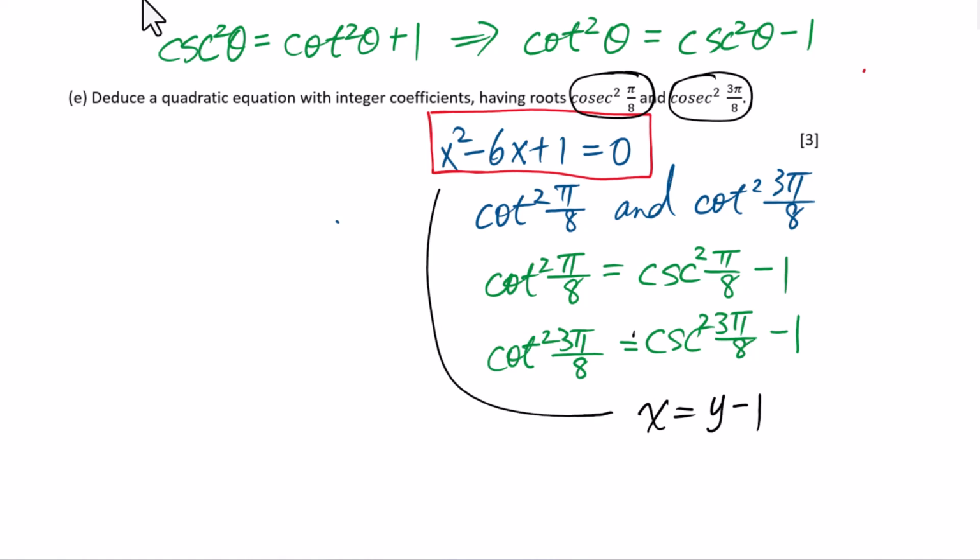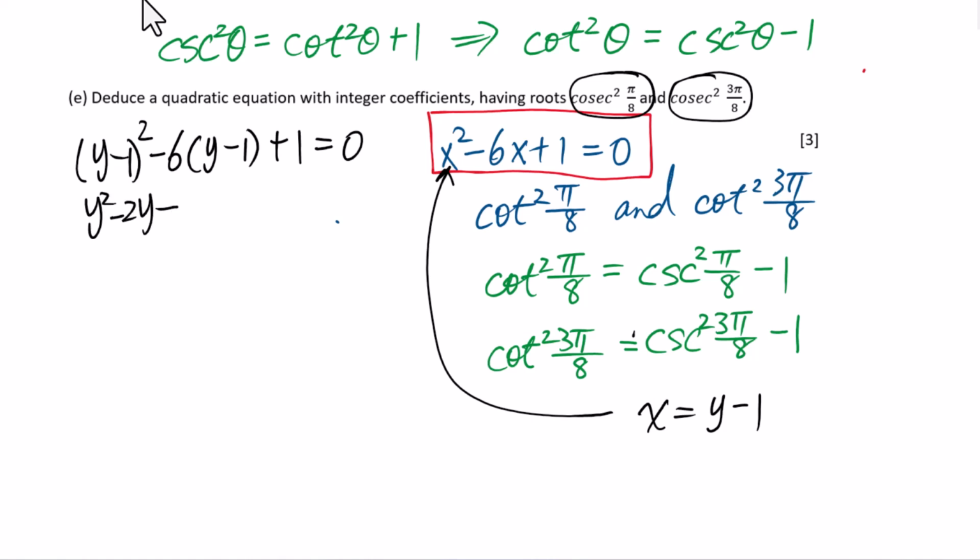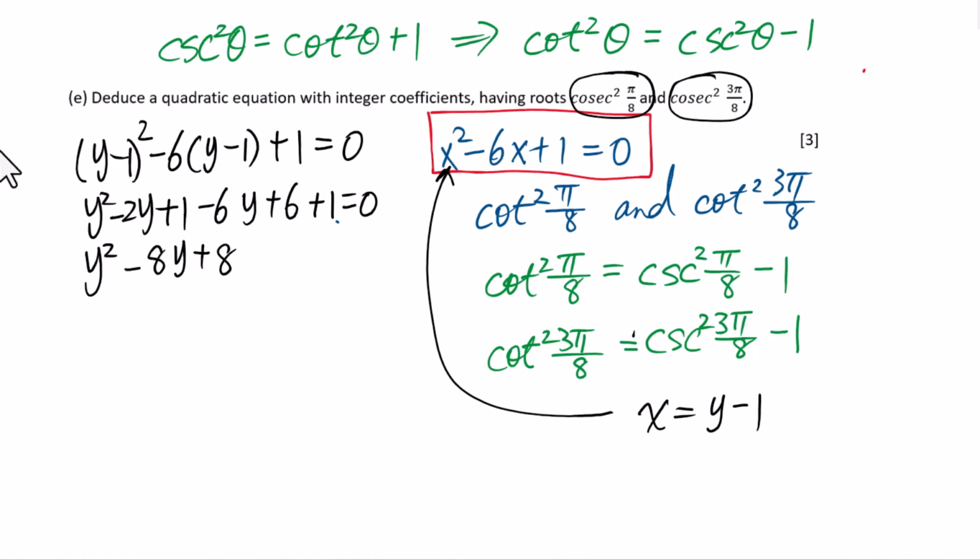Plug into this equation: y minus 1 squared minus 6 times y minus 1 plus 1 equals 0. Simplify: y squared minus 2y plus 1 minus 6y plus 6 plus 1 equals 0. So we got y squared minus 8y plus 8 equals 0. This is the quadratic equation we are looking for.